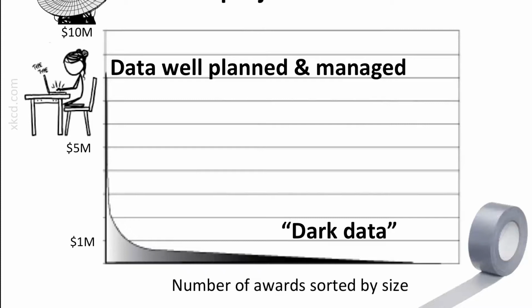Well, one of the features of this sort of distribution of projects, where we have lots and lots of small individualistic projects, is that for the really big projects that we have very few of, the data tend to be well planned and well managed, whereas for most of us out here in the long tail, unfortunately, a lot of these data fall into the dark data, where these smaller projects don't have a lot of data management and frequently not a lot of data sharing.